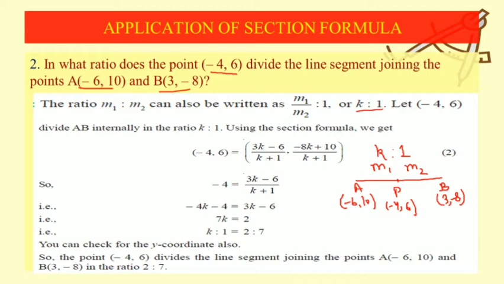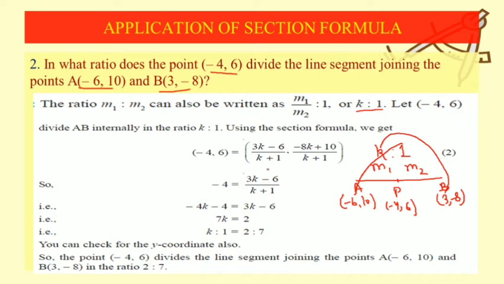Now if we have to find the coordinate for this P, that is x comma y in general, our x coordinate will be, now this is the ratio, first of all k multiply 3 and 1 multiply minus 6. So you can see k multiply 3 will be 3k and 1 multiply minus 6 will be minus 6, divided by the sum of the ratio, and the sum of the ratio here will be k plus 1.